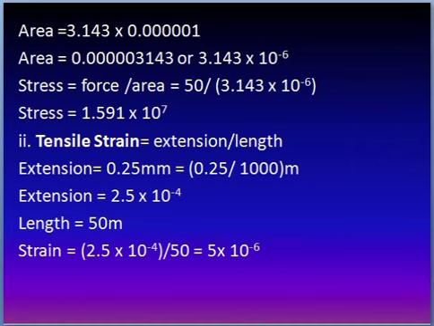Our length from the question was given as 5.0 meter. So we substitute the value of our extension, 2.5 times 10 raised to the power of minus 4, divided by our length, 5.0 meter, into the equation. Then we have our tensile strain as 5 times 10 raised to the power of minus 5.